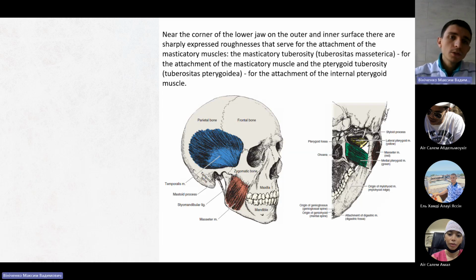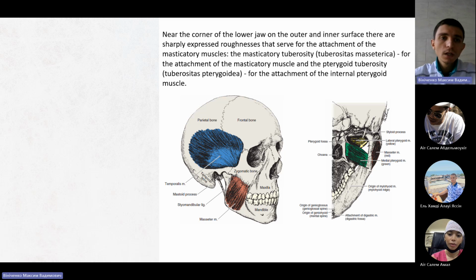Near the angle of the lower jaw, on the outer and inner surface, there are sharply expressed roughnesses that serve for attachment of the masticatory muscles. The masticatory tuberosity, we call it tuberositas masseterica. Here is where it is located. For the attachment of the masticatory muscles, there are the masticatory muscles in red color, and the pterygoid tuberosity.